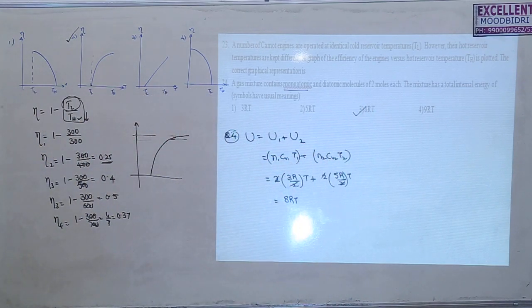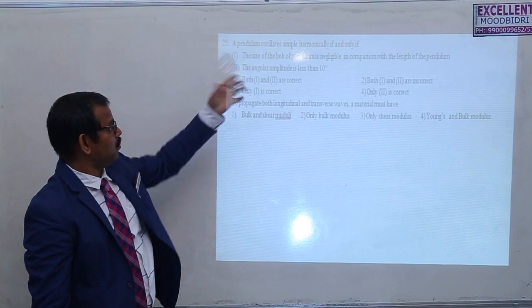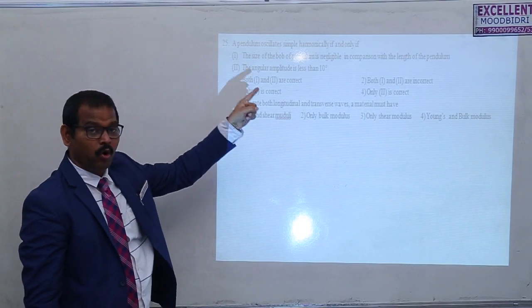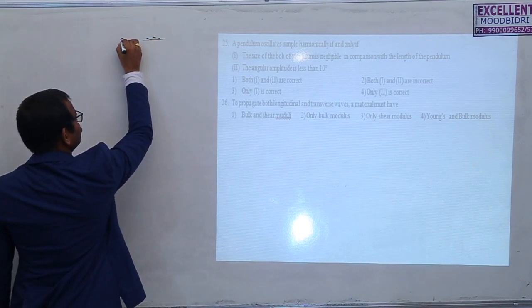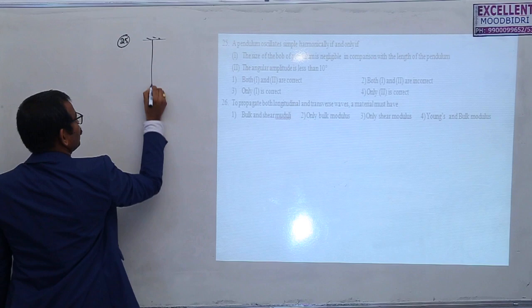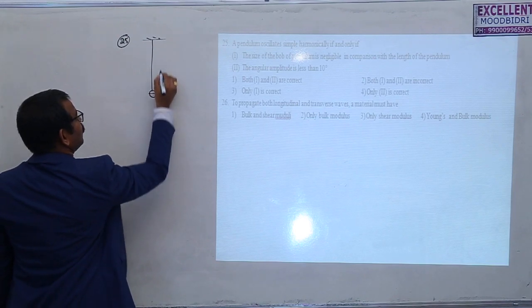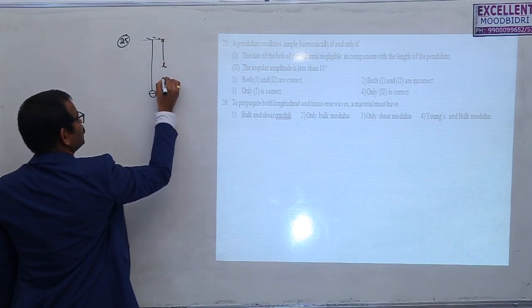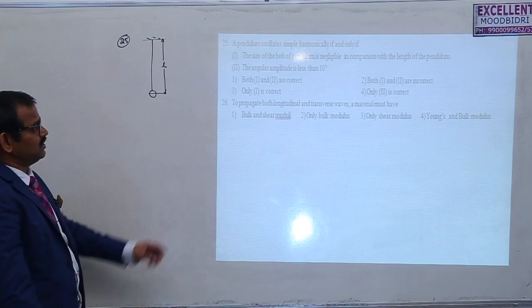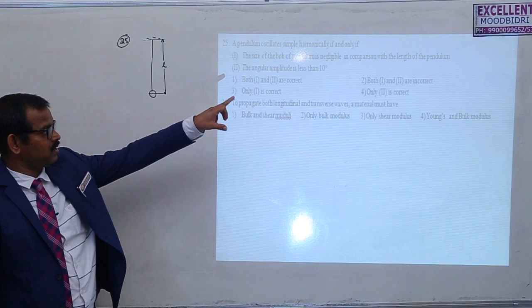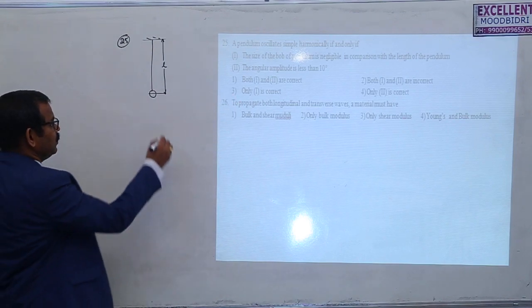Option 3 is correct. 25th question: a pendulum oscillates simple harmonically if and only if... Here the length of the pendulum is L, that is the effective length of the pendulum. The size of the bob is negligible when compared to the length of the pendulum.